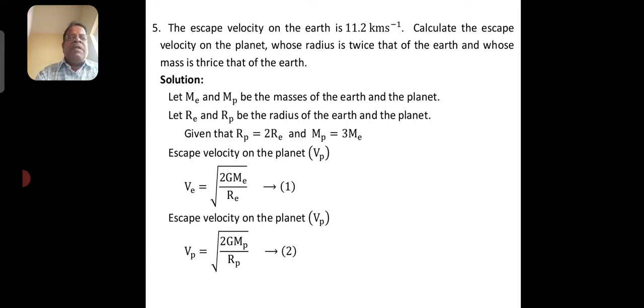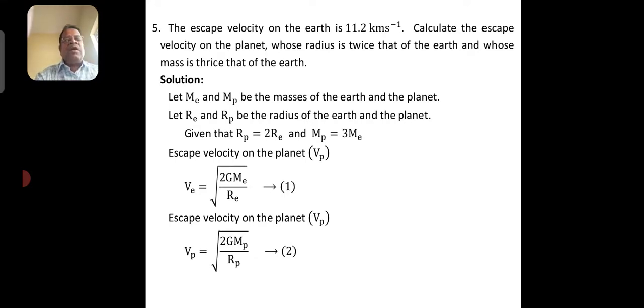Let Me be the mass of the Earth and Mp be the mass of the planet, and Re be the radius of the Earth and Rp be the radius of the planet. Given that radius of the planet equals 2 times the radius of the Earth and mass of the planet equals 3 times the mass of the Earth.